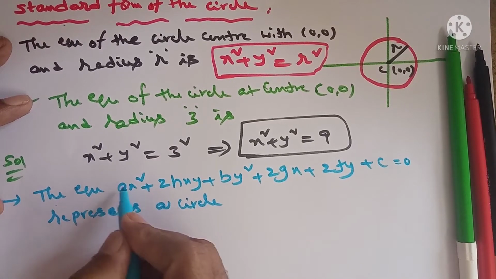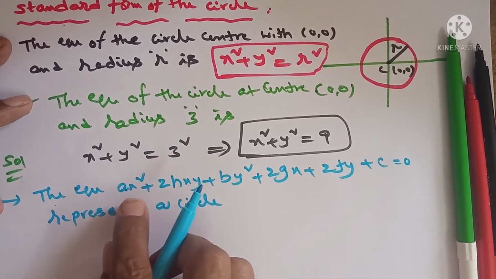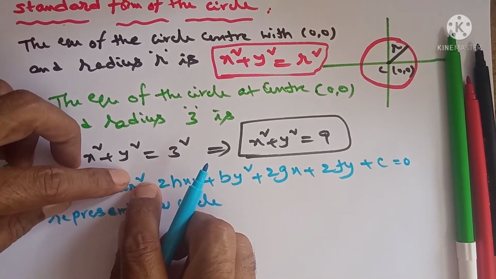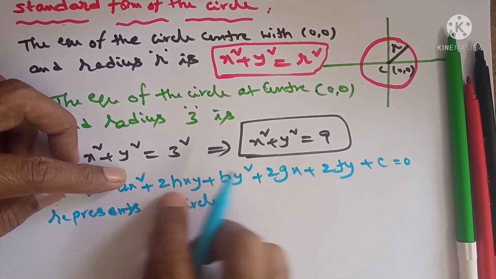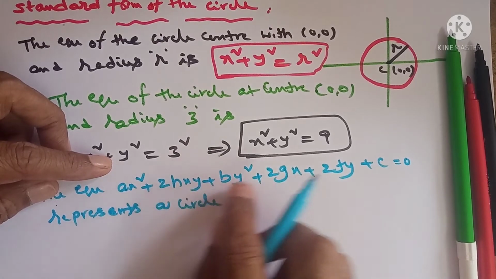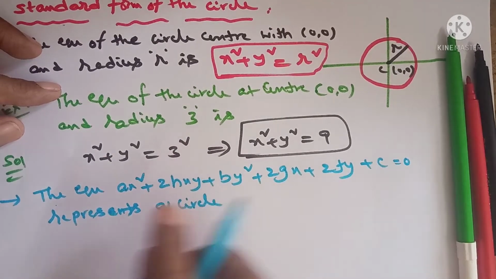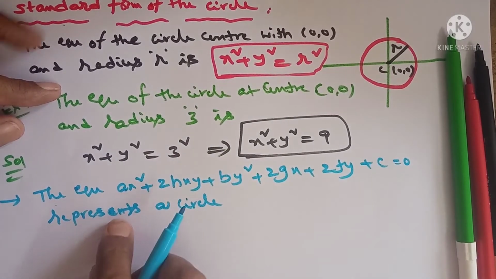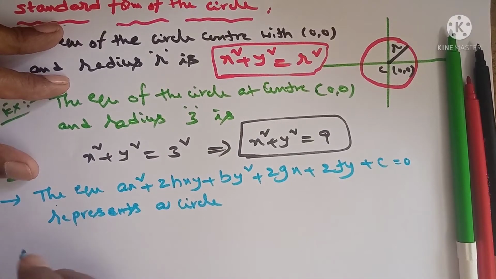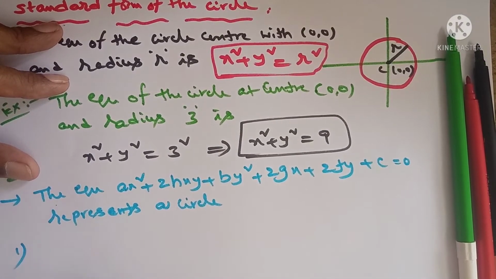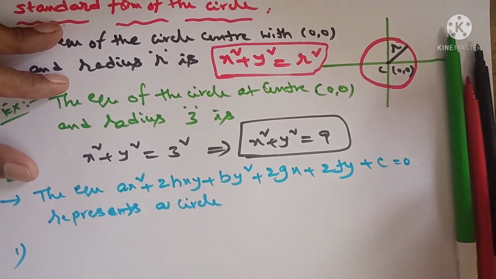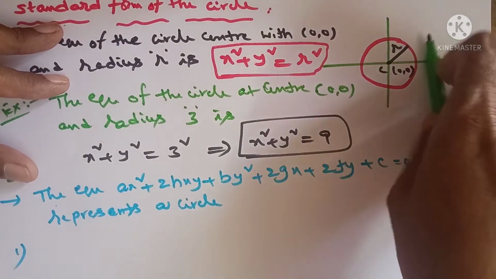This is the second degree equation in x and y, because this degree is 2, so second degree equation. So any second degree equation represents a circle, then the conditions it should follow.